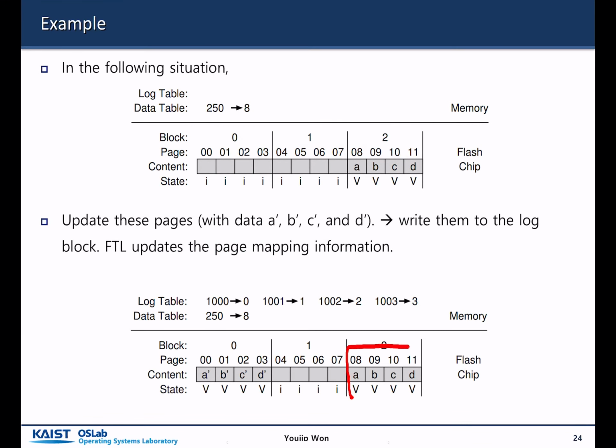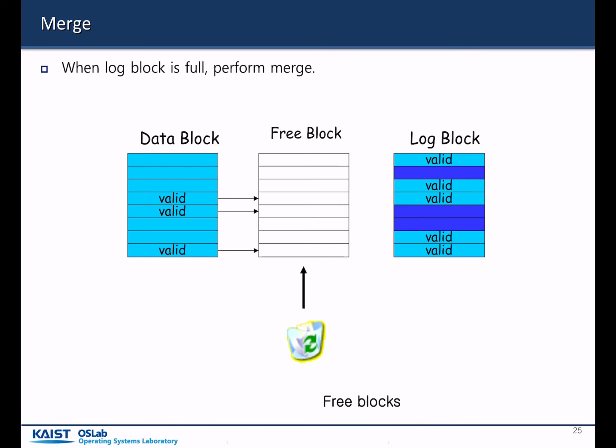Originally, this was a data block, and then we updated 4 pages to A prime, B prime, C prime, and D prime. Now the log block is full, and the log block contains the valid pages of the original data block. So now we make this block free and convert this log block into a data block. This is what we call switch merge.